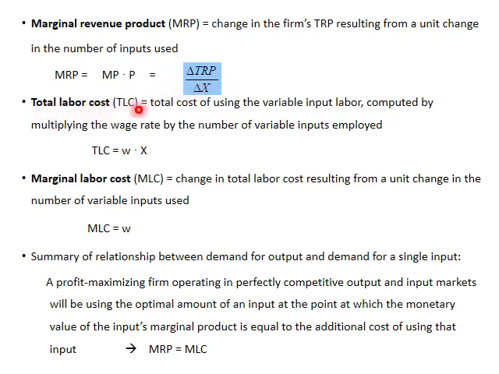Total labor cost can be defined as the total cost of using the variable input, labor, computed by multiplying the number of laborers times their wages or salary. Marginal labor cost is the change in the total labor cost resulting from a unit change in the number of variable inputs used. Mathematically, it is W, that is, the wage.